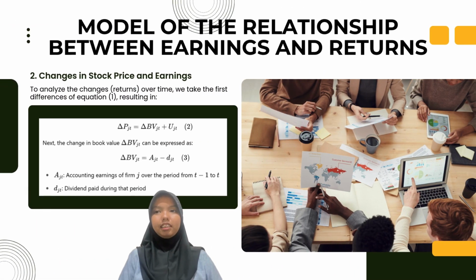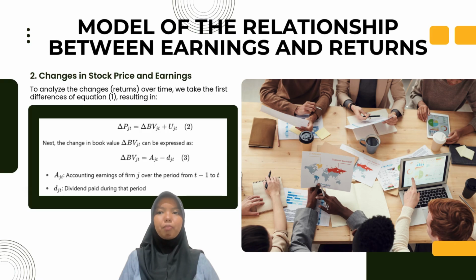The second one is change in stock price and earning. To analyze the change or return over time, we take the first differences of the equation, resulting in the change in stock price of firm j at time t equals change in book value per share of firm j at time t plus error component or other unexplained factor.